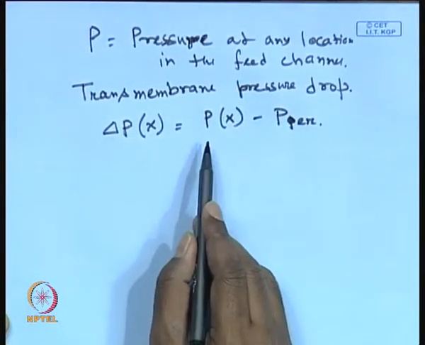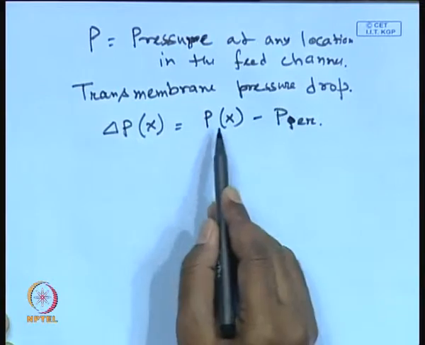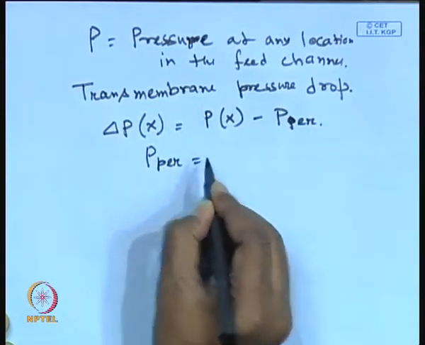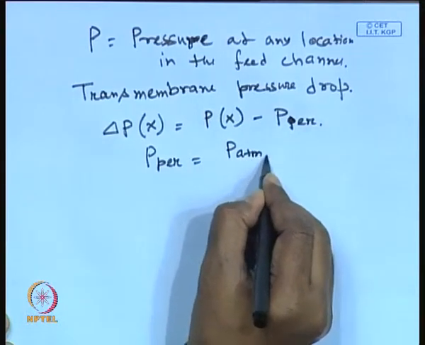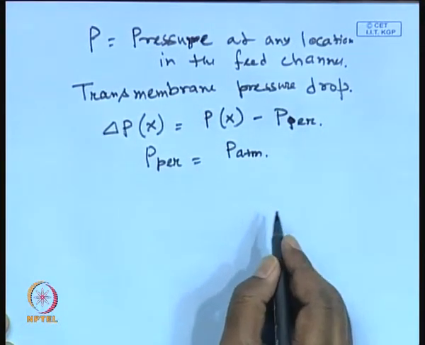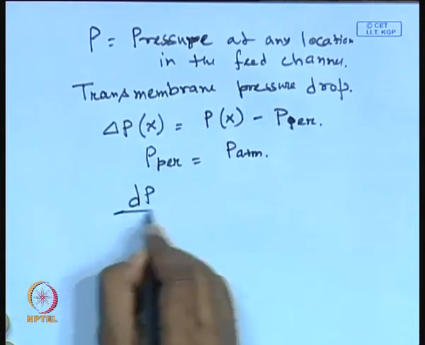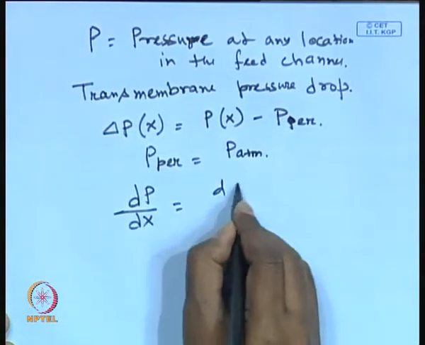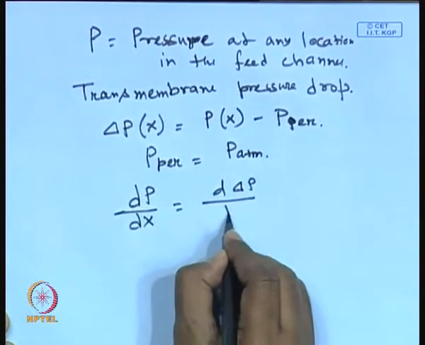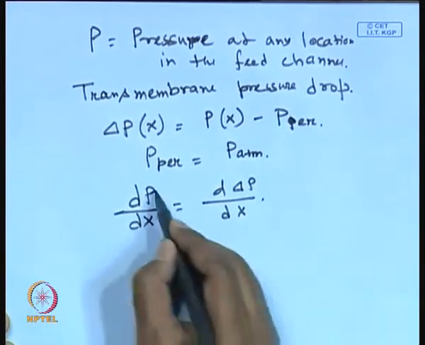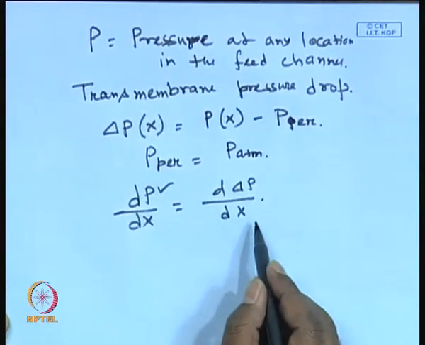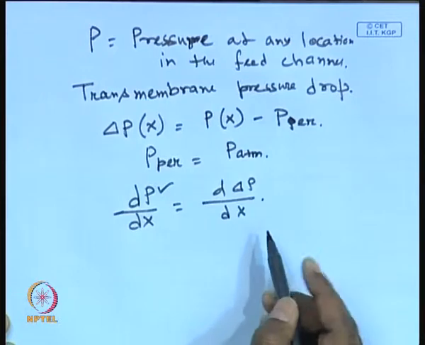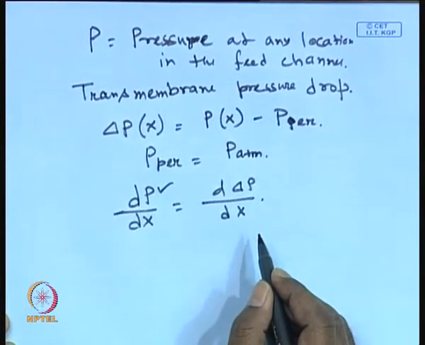So, that is the transmembrane pressure drop at any x location, P in the feed side minus P of the permeate. In most cases, the permeate pressure is atmospheric pressure, it is open to atmosphere. So, therefore, dP dx in the Navier-Stokes equation or in the earlier equation is nothing but d delta P dx. So, the P that is given there indicates the transmembrane pressure drop at any x location. Okay. So, that is identical.